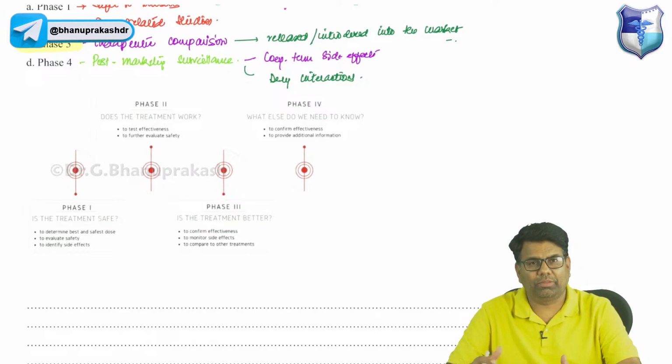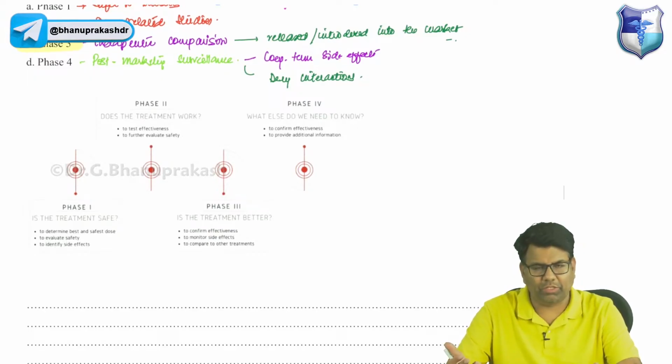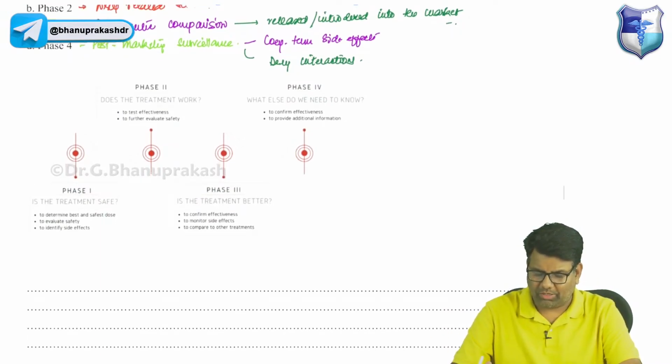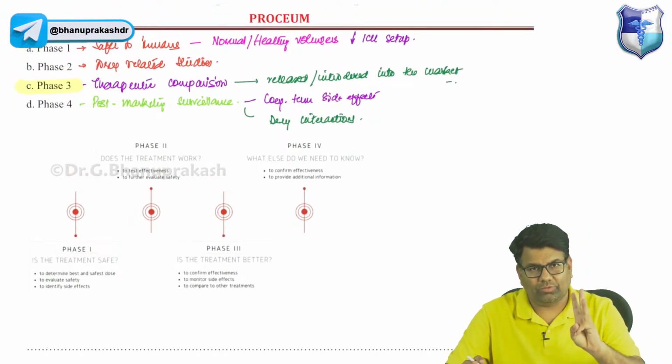And once we are confirmed that yes, this will definitely be a better option for the condition, after that we can release it into the market. And phase 4 is long-term studies. Yes, one is saying like the COVID vaccine. So that is a long-term study.